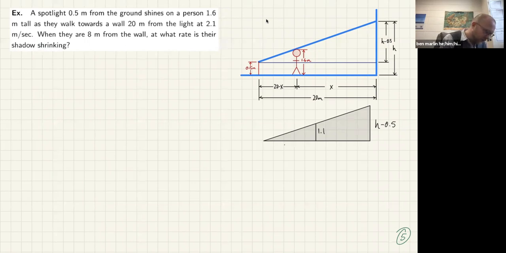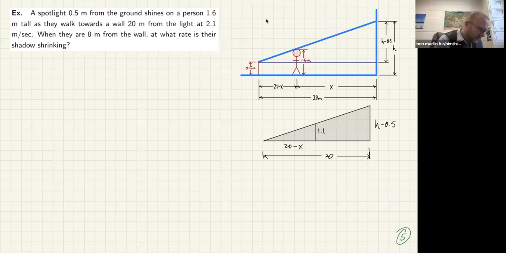And the 20 minus x is a side of a small triangle, and then going out here a ways, the 20 is going to turn out to be the side of the big triangle.